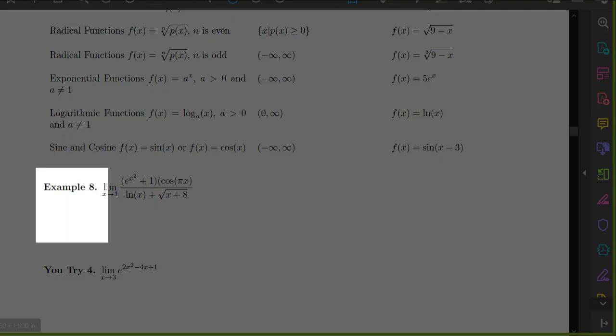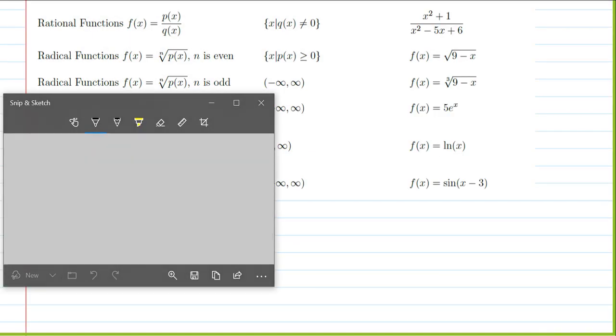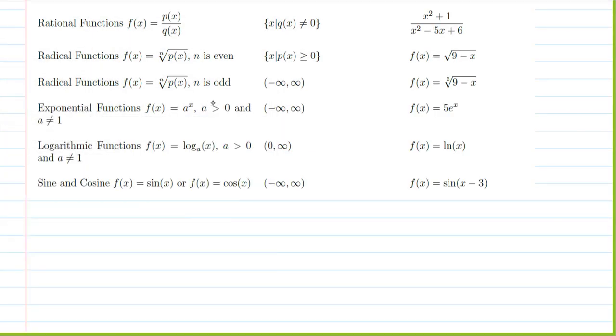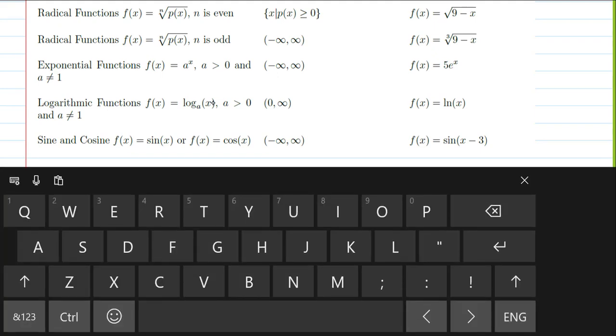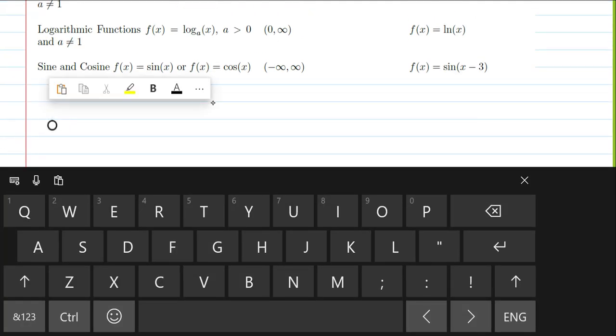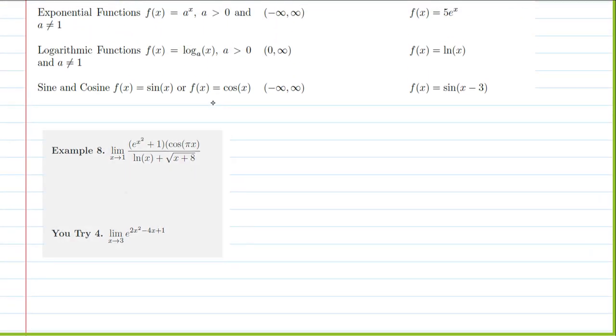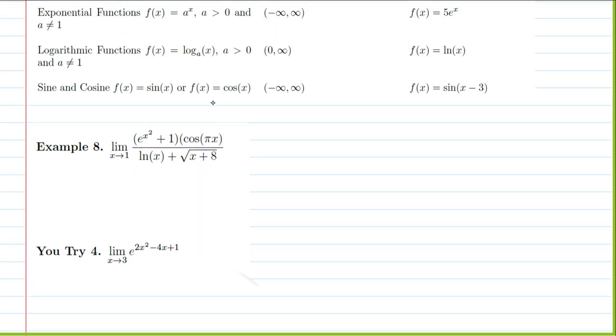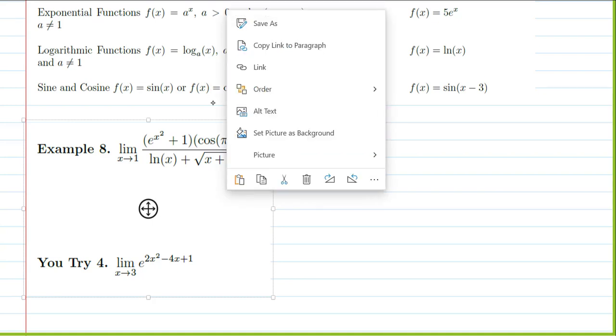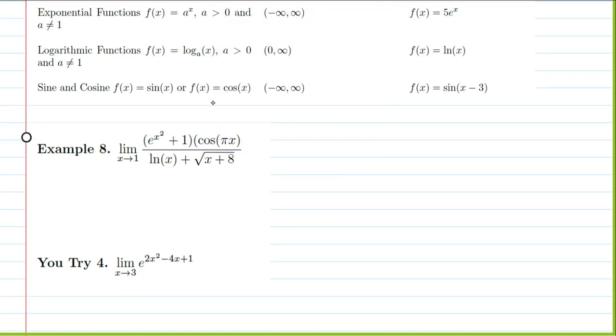So for example, if you try to use your limit properties to evaluate question number 8, you're going to soon discover that it is a giant pain to do if you're breaking it down by all of those things. But we do know that the product of continuous functions is continuous.